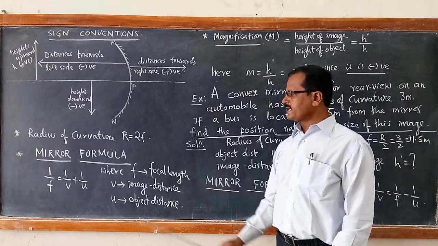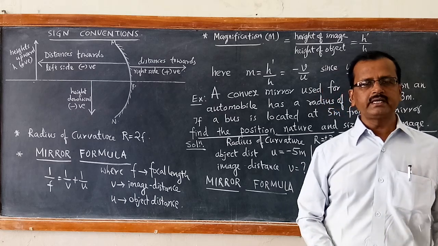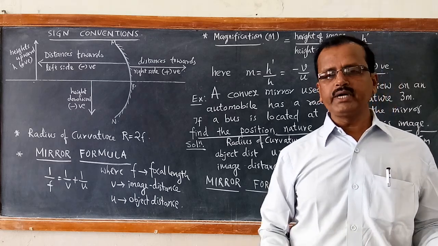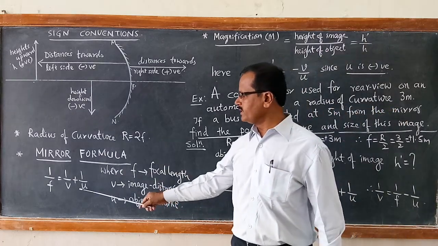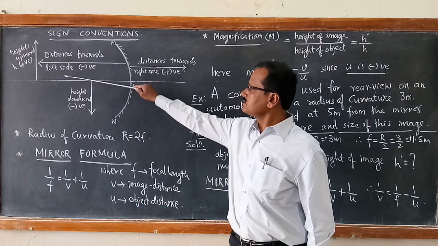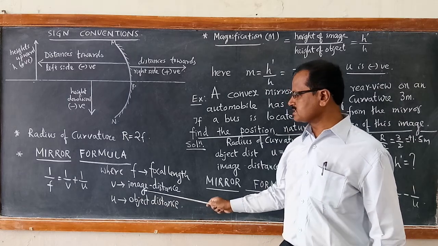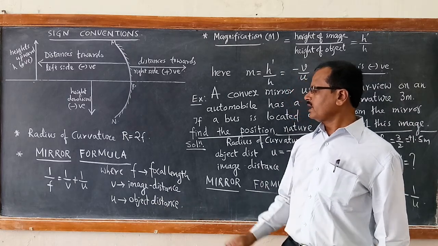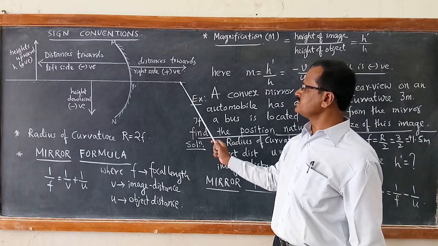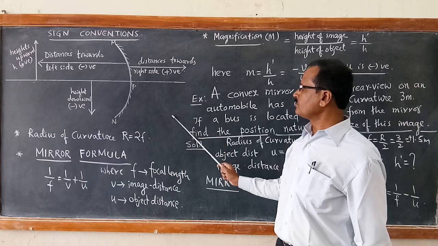Okay. Next one is a very important formula, called the mirror formula. We are taking the relation between the object distance, the distance of the object from the pole, as u, and the image distance. Suppose the image is formed somewhere here.